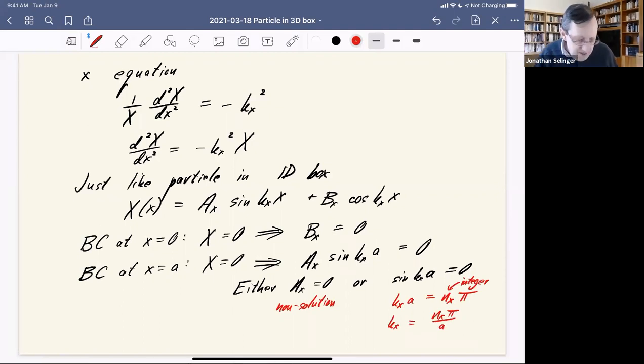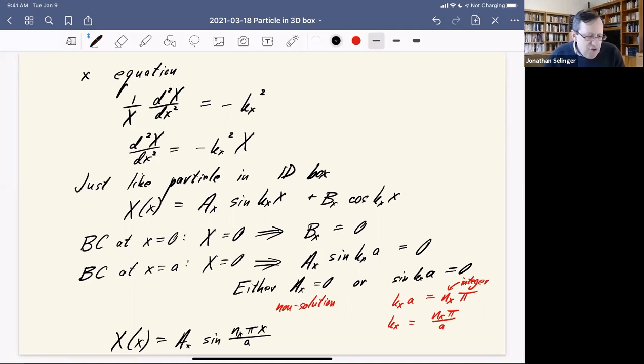Our solution for big X as a function of little x is some coefficient times sine of n sub x pi little x over a.